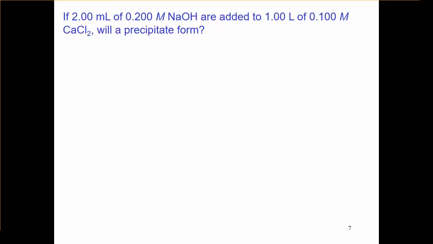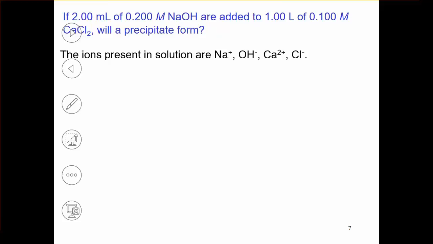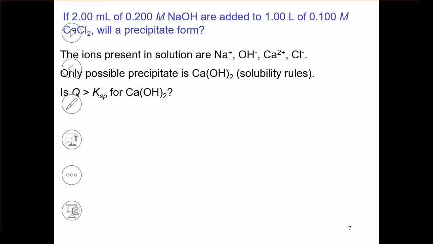Because there's a big old chart of Ksps, and we can find the Ksp for this, and it will describe whether a precipitate forms or not. But we have to know the correct Ksp expression to be able to solve for Q. So is Q greater than Ksp for calcium hydroxide?